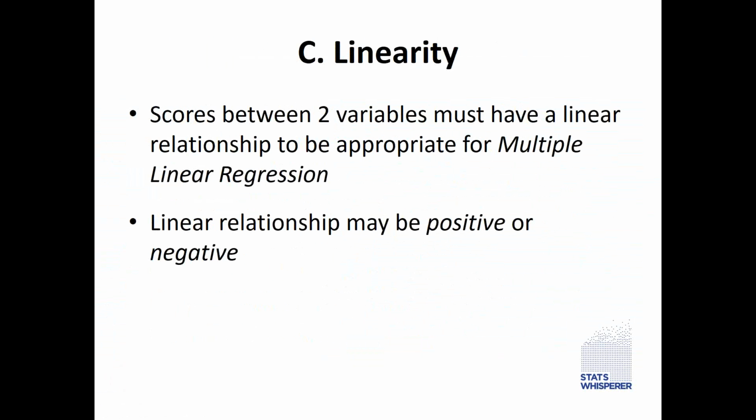Okay, so linearity, right, is our next test assumption we will look at. So if you're doing linear regression, it's right in the name, the two variables examined, like continuous variables, should have a linear relationship, which could be either positive or negative.